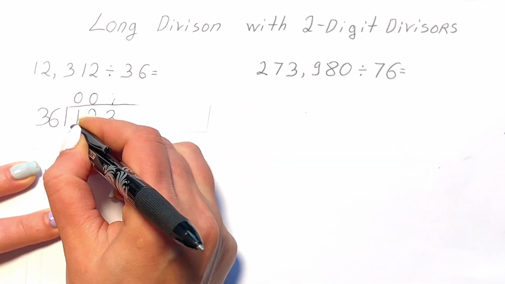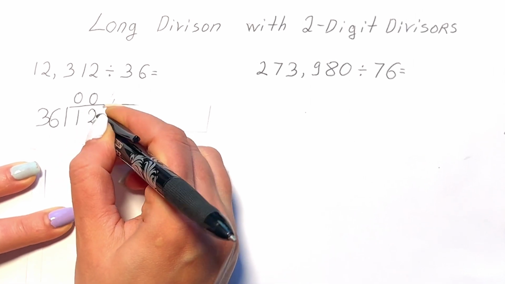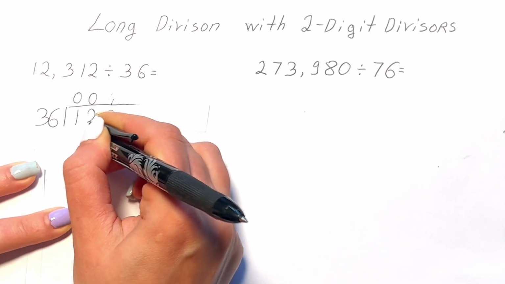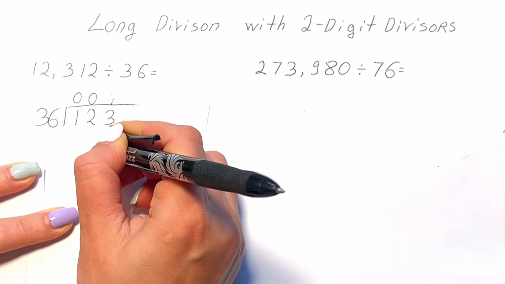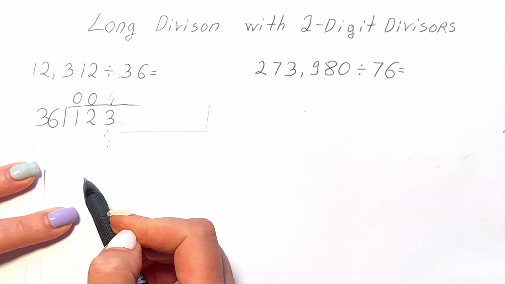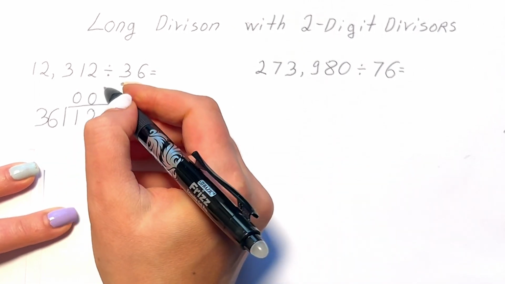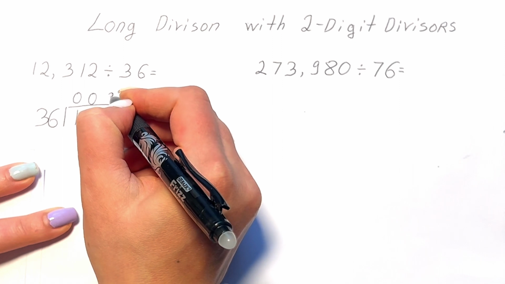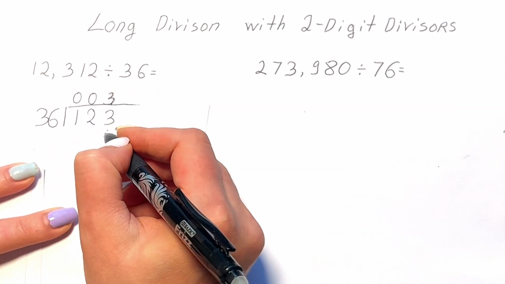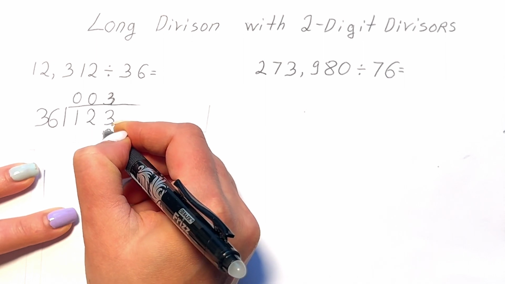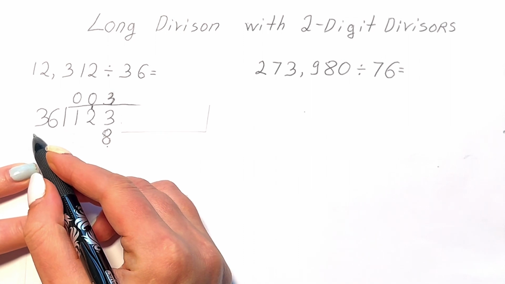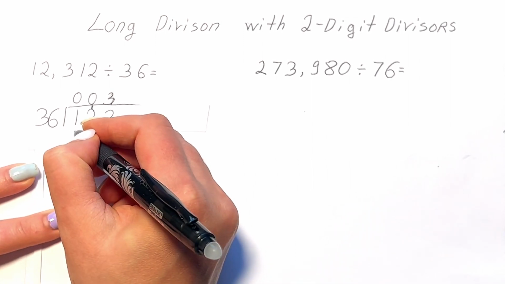I told you, if the 4 is not working, we will go 1 digit less, which is 3. 3 times 6 is 18. I'm gonna put the 8 and carry 1. 3 times 3 is 9. 1 more will be 10.